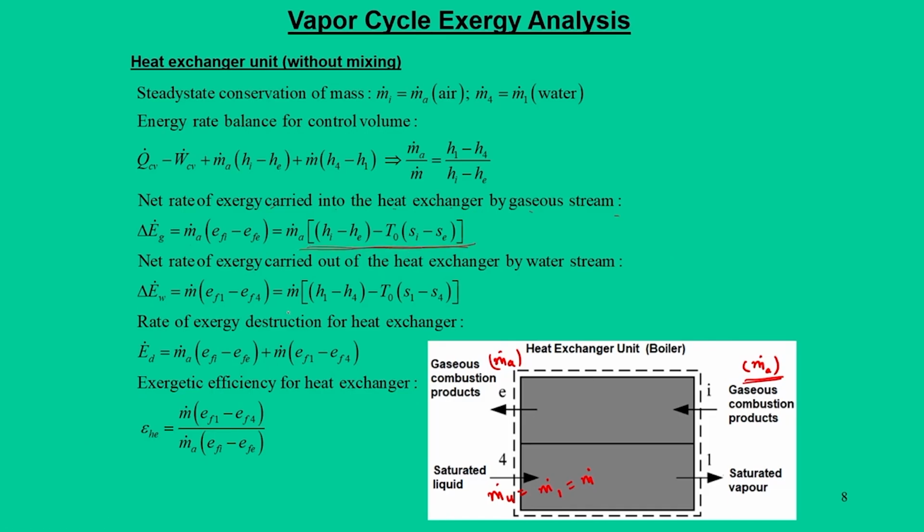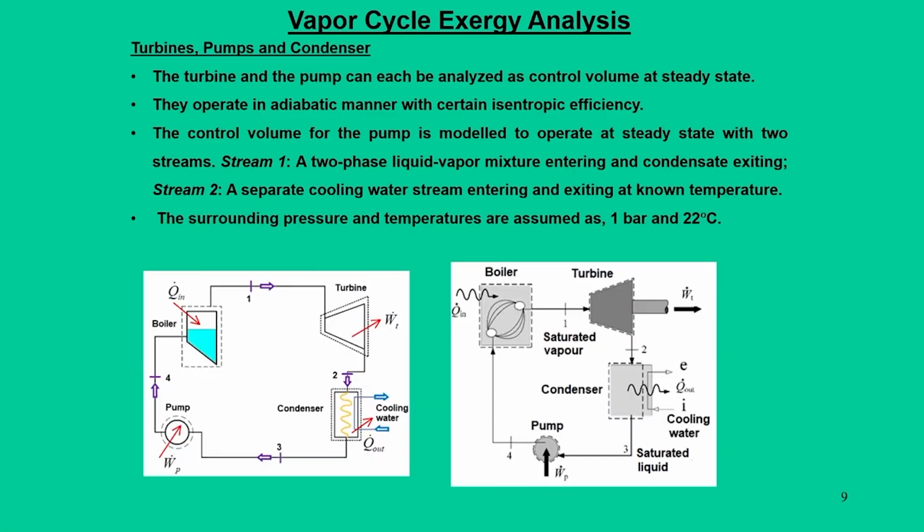And in a similar way we can find out the net exergy carried by the heat exchanger through the water streams. So, calculating both the parameters, we can find out the rate of exergy destruction and subsequently the exergetic efficiency for the heat exchanger. And in our vapor power terms, we say it is the exergetic efficiency for the boiler.